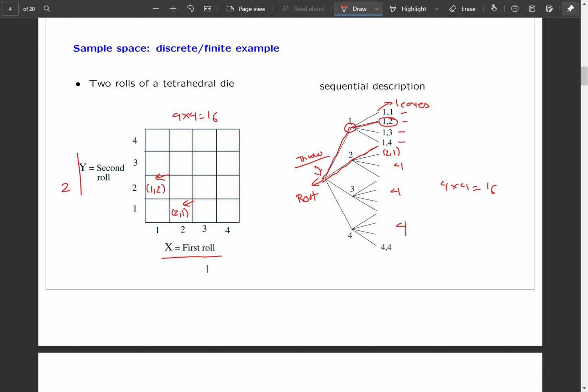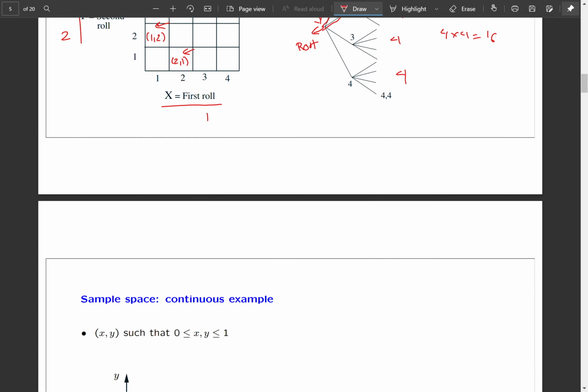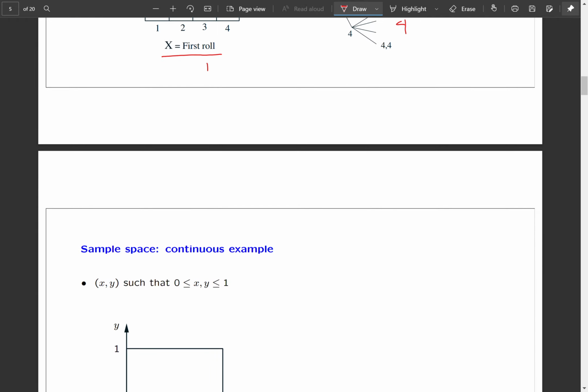Now, we have discussed the discrete and finite example. Now let's change our focus to a continuous and infinite example. Similar to the previous experiment, we'll do a different experiment this time. We'll throw a dart at a rectangular target, which is of size 1 by 1.